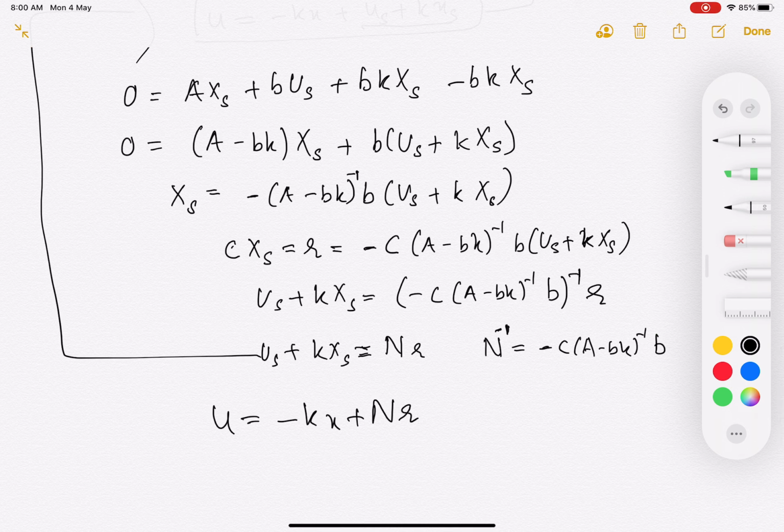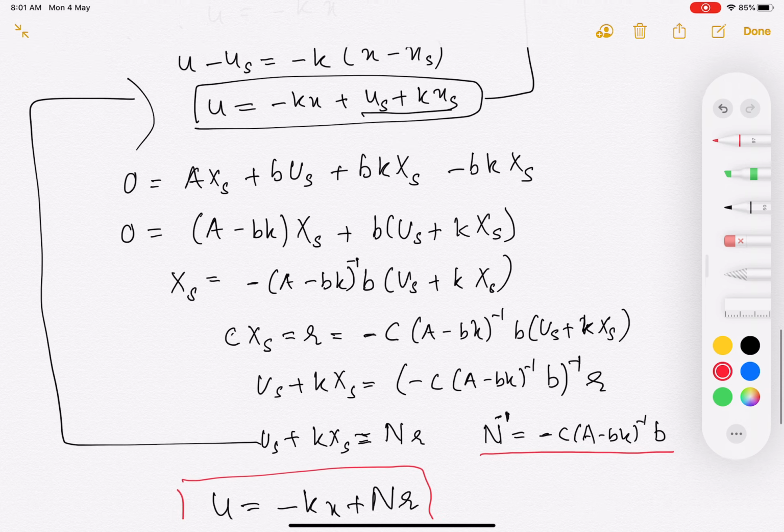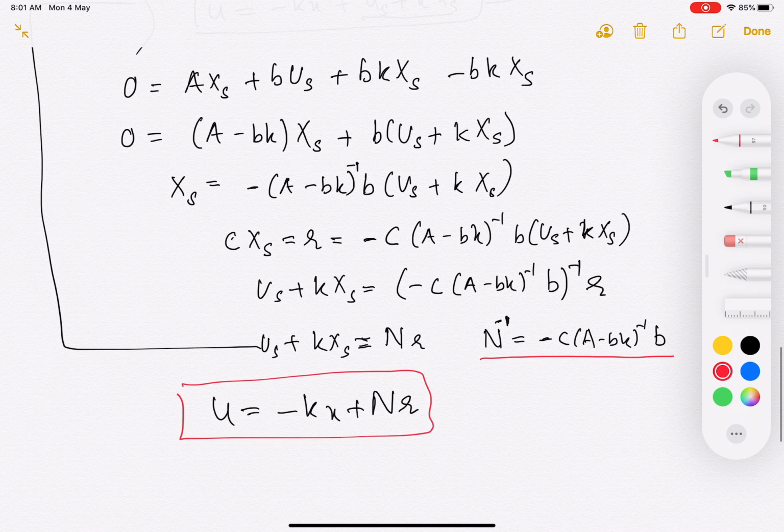So the state feedback law u is equal to minus kx plus nr, where n inverse is equal to minus c (a minus bk) inverse b, ensures that your yt will tend to r as t tends to infinity, or as the system tends to the steady state.